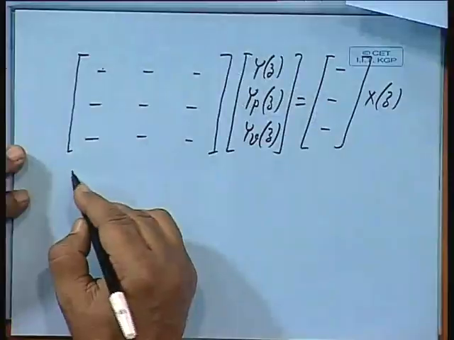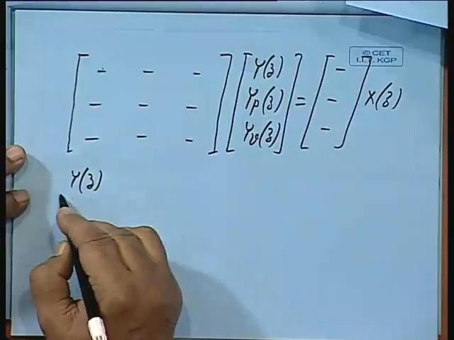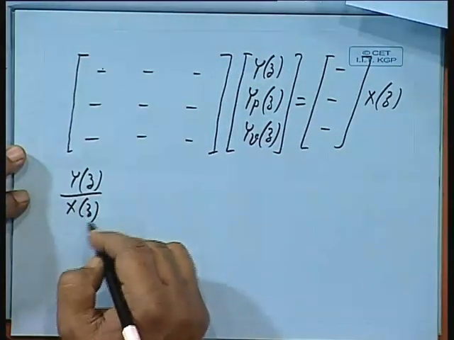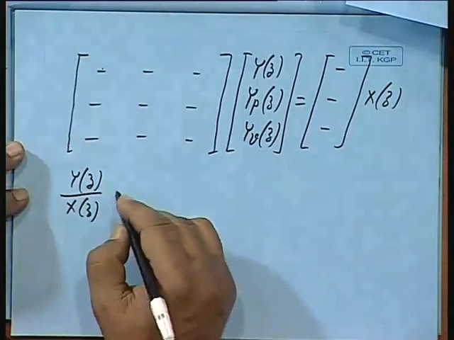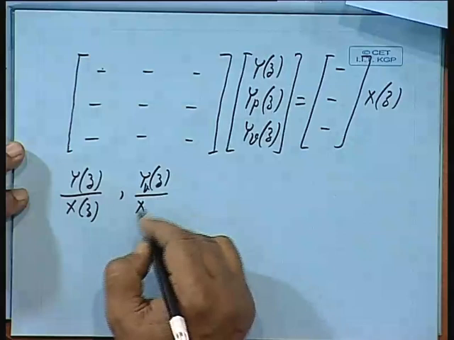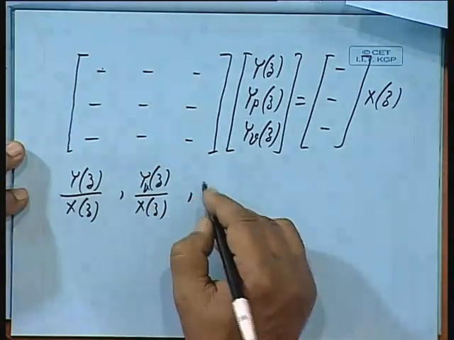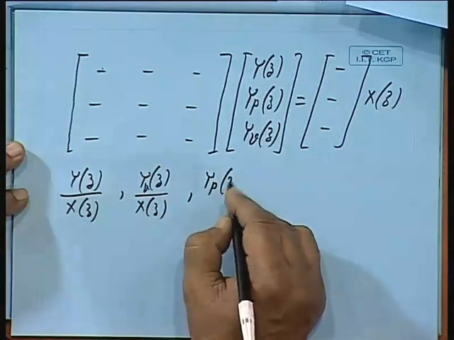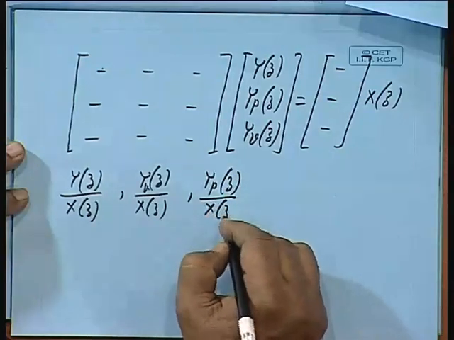You can find out y z by x z, you can find out y v z by x z, you can find out y p z by x z. Try it at home. What will be the transfer functions?